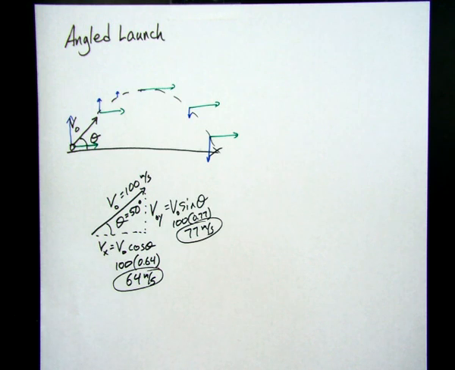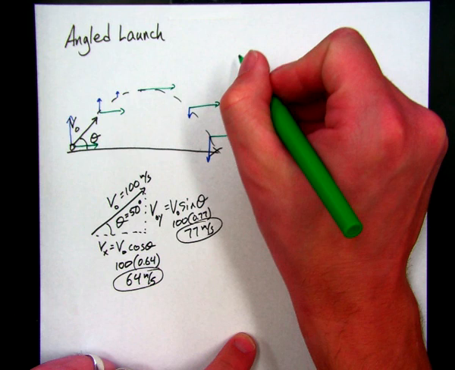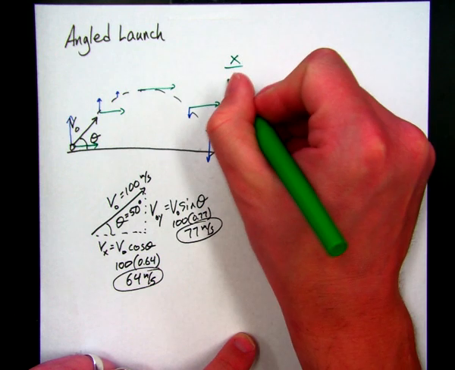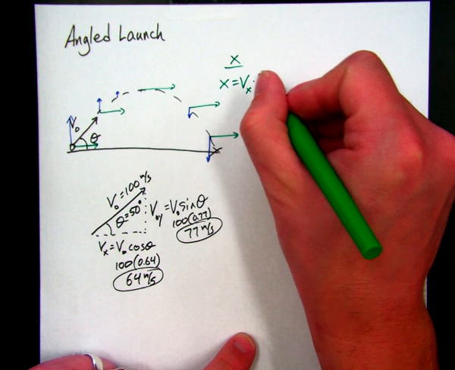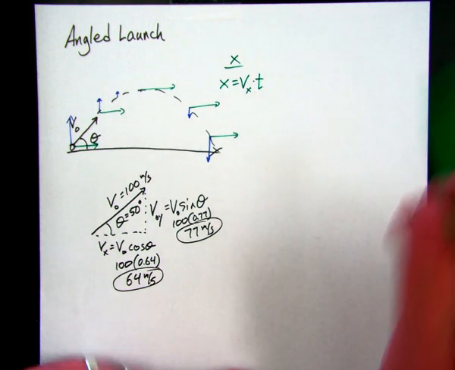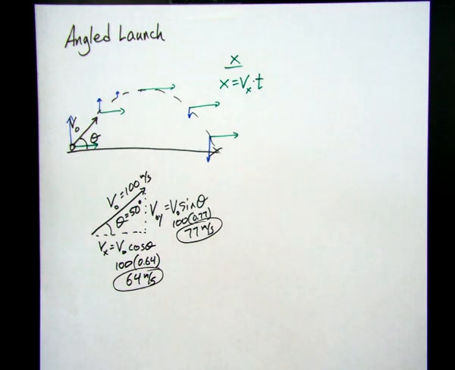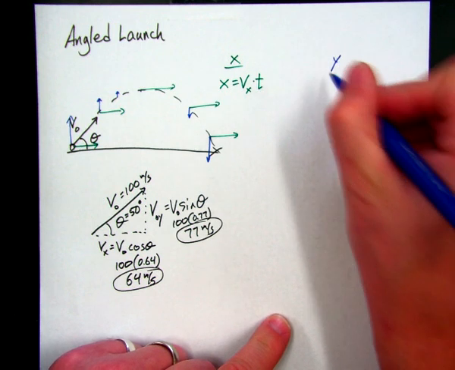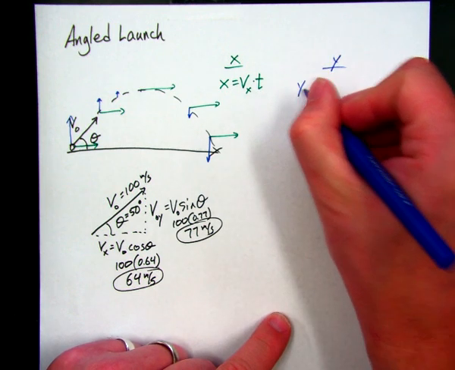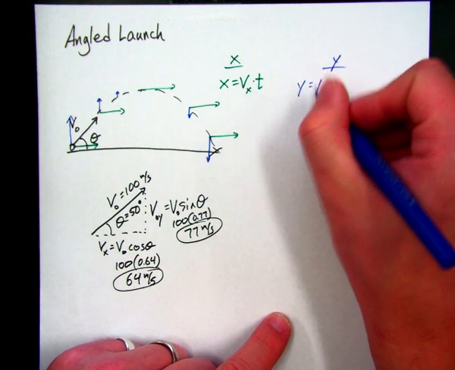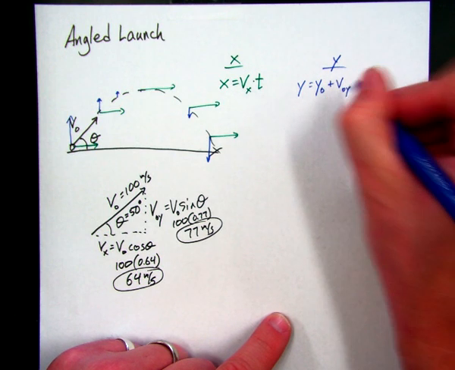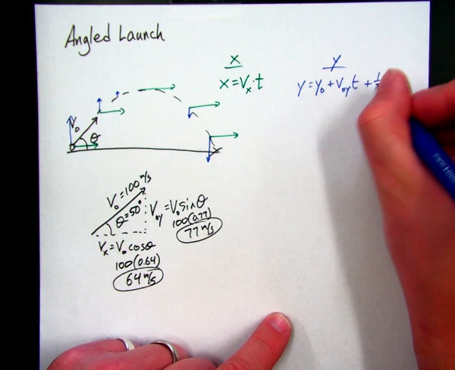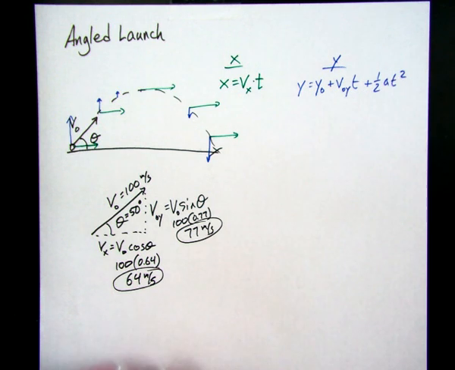Now I'm going to solve this the same way I did the last problem. I'm going to split it up into x and y, and I'm going to say in the x direction, how far it goes is equal to Vx times t. And in the y direction, I'm going to say that y, how high it is, depends on how high it begins, and the velocity component, and the acceleration component.